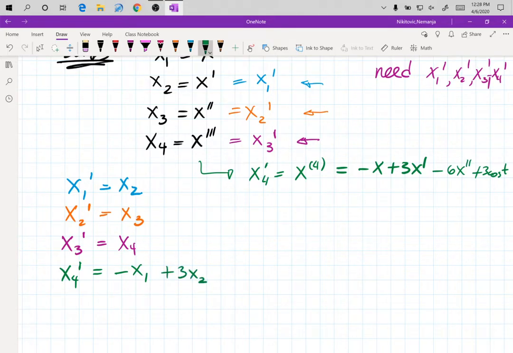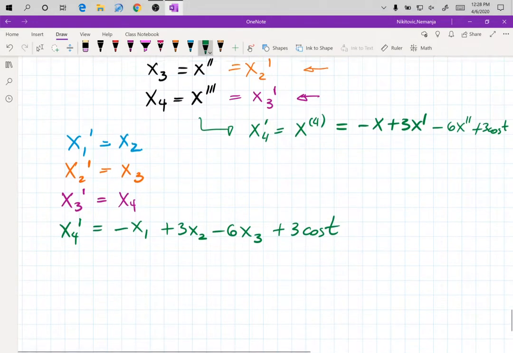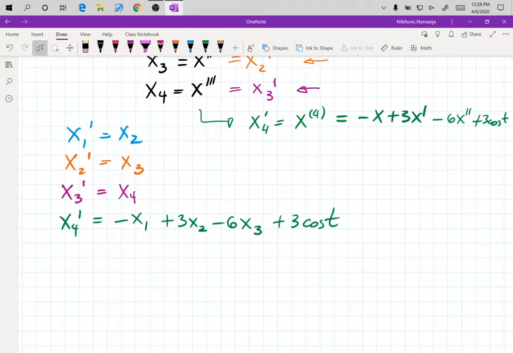My x double prime is x3. Oops, not cubed, x3. And then I just add plus 3 cosine t. Ta-da! I know it's neurotic with all the colors, but that's the answer.